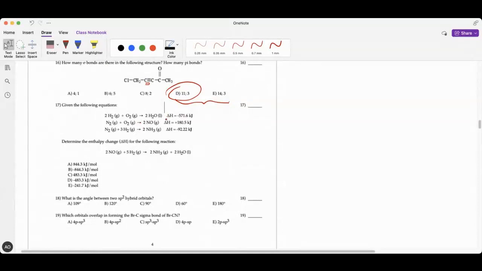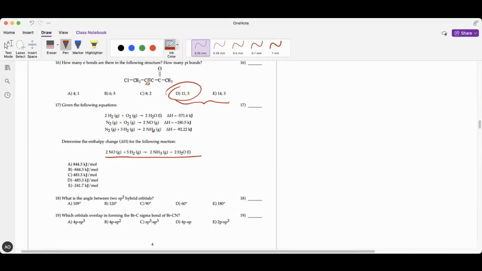Oh, this is one of those Hess's law problems. We're asked to determine the enthalpy change for this reaction here, and we're given this data with the delta H's for each reaction.